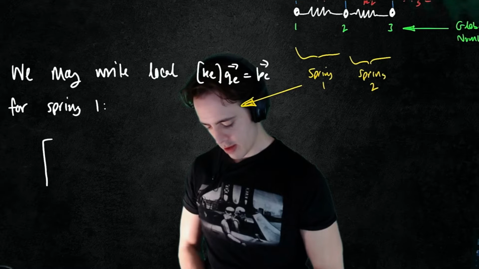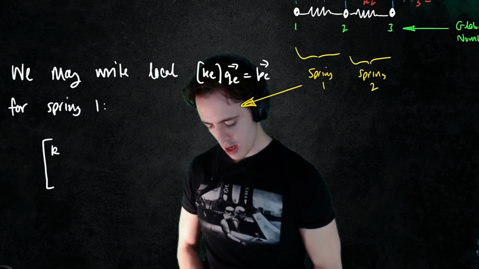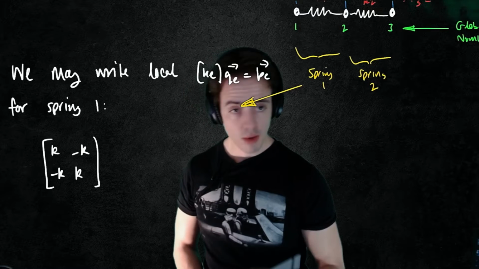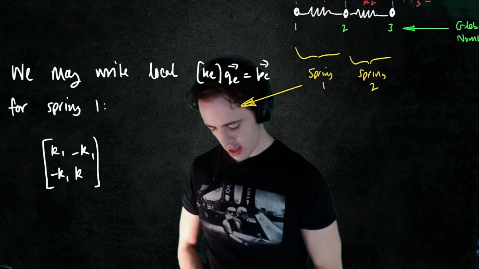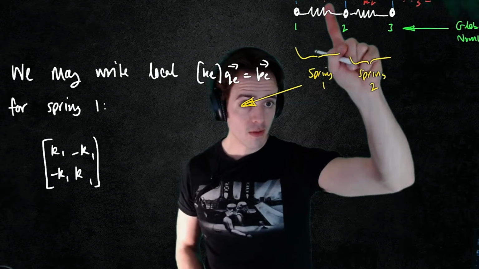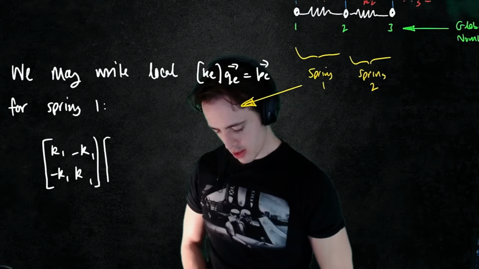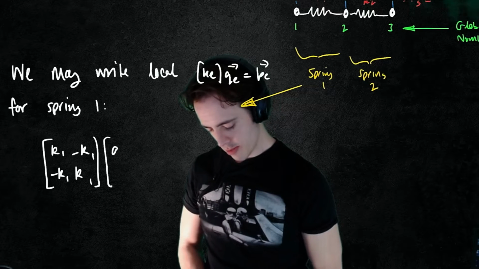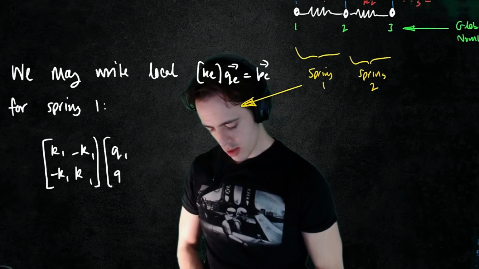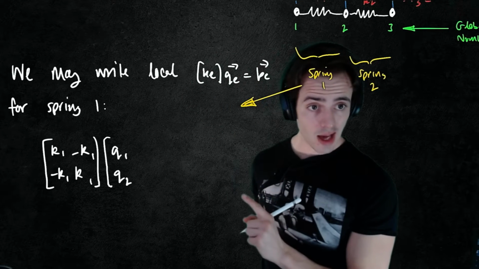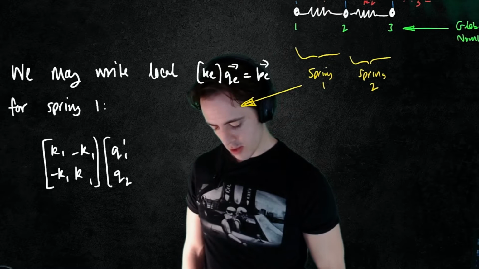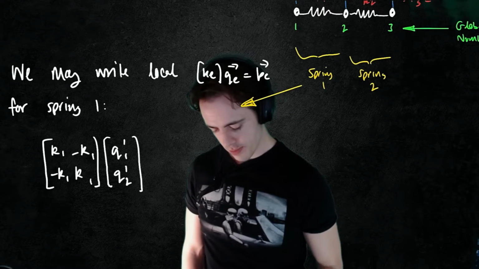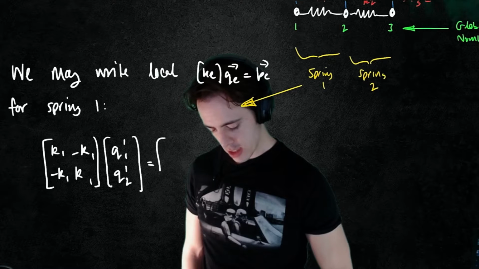So the stiffness matrix, K, minus K, minus K, K. But because it's spring 1, I have to say it's K1, because that is the stiffness which is just off of screen up here. The displacements here, I'm just going to copy down Q1 and Q2. Now it's lowercase, so that means it's the local Q1 and Q2, and I'm going to put a superscript 1 here. I'll talk more about that in a second.